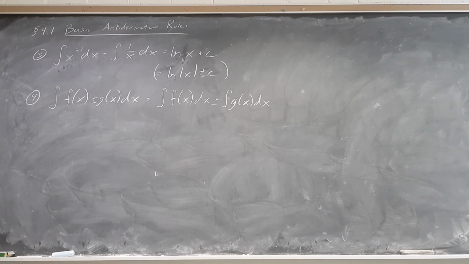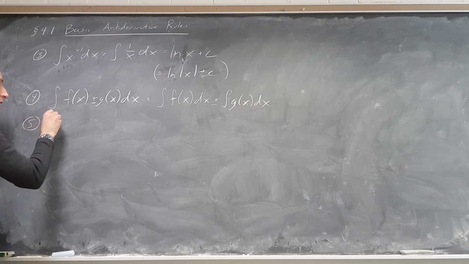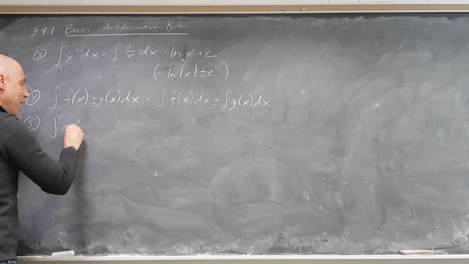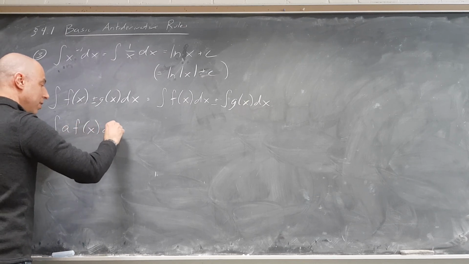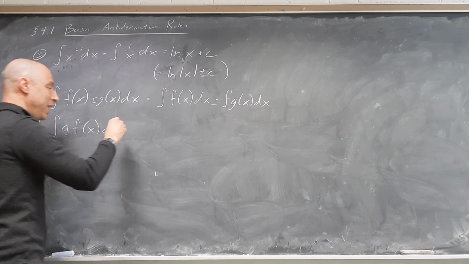We've seen a lot of things this semester which are broken up over plus and minus, and we have a rule that always follows that one, or goes in front of it, depending on what order we rewrite it in. The antiderivative of a times f of x. If you have a constant times a function, you can pull the constant right through the antiderivative symbol.